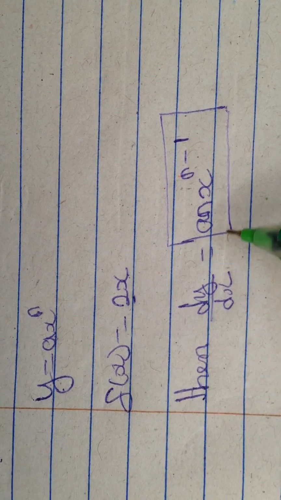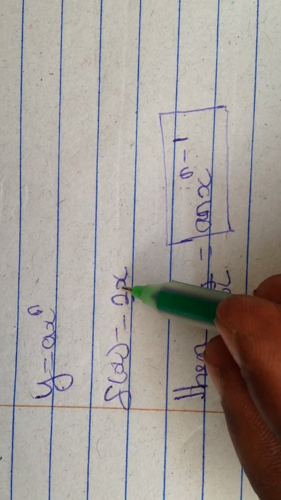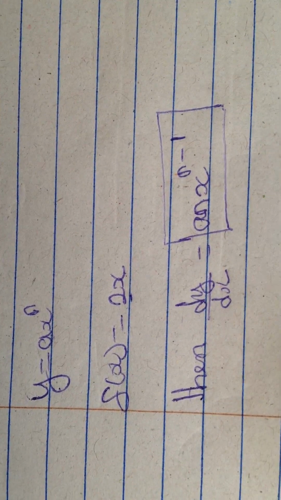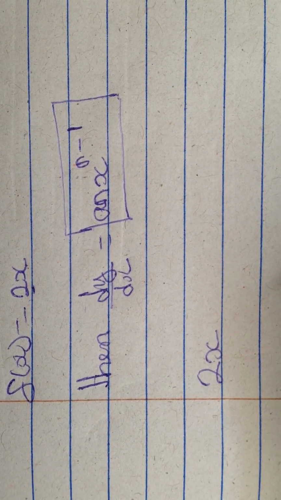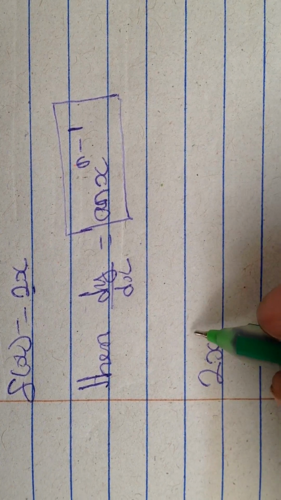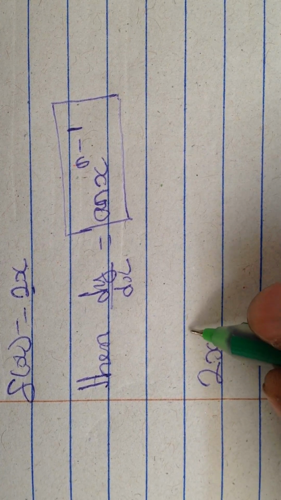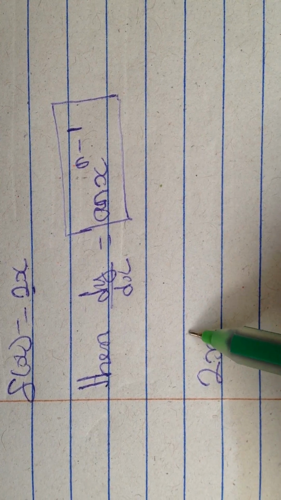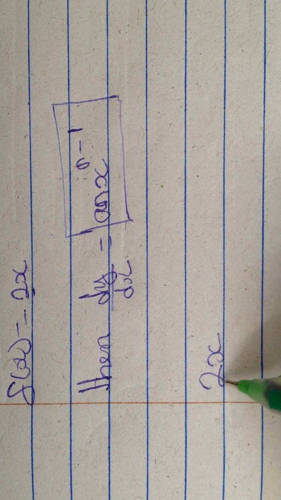So this rule states that, for example, if you've been asked to differentiate 2x using the general formula, x here has the power of 1. You multiply that power times the base here, which is 2x.